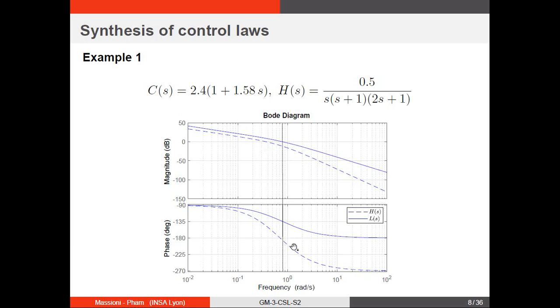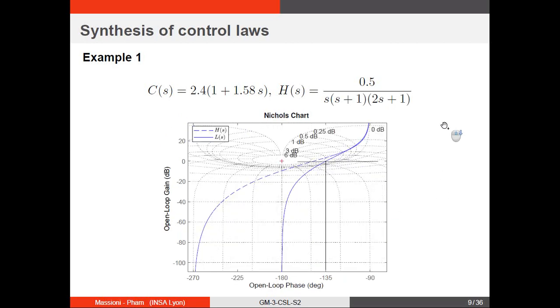After correction, after adding this term, the loop transfer function becomes the solid line, which hits 0 dB exactly where we wanted, 0.8 omega c, and the phase is minus 135 degrees, which yields 45 degrees of phase margin. Same story in the Nichols chart. Take the time to stop the video and look longer if you need.